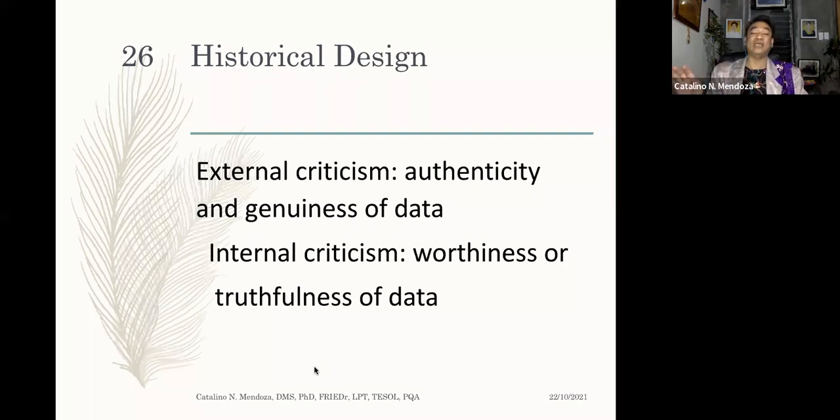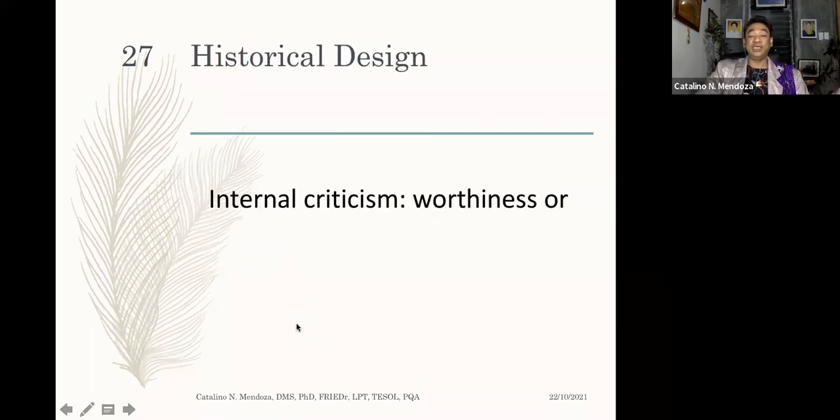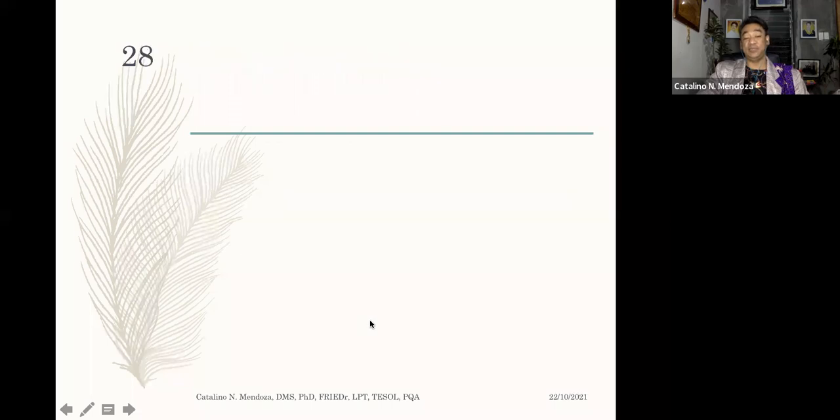So go back to the grassroots and find out if it is true or correct. That is why most organizations have an accountant or auditor to verify the worthiness of the data, the truthfulness of the data entry, the information, the discussion, the description, and even the explanation. Does the explanation appear to be truthful when it comes to the data entry, etc.? So, internal criticism: worthiness of the truthfulness of the data.